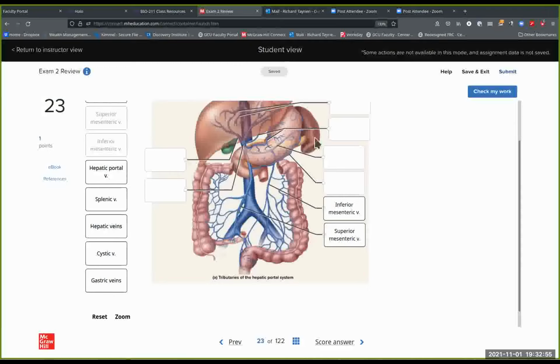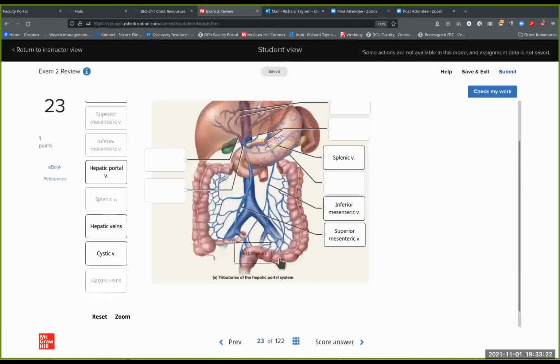So that is a spleen. That would make this the splenic vein. Splenic vein. No wonder you're confused. Yeah, splenic vein.